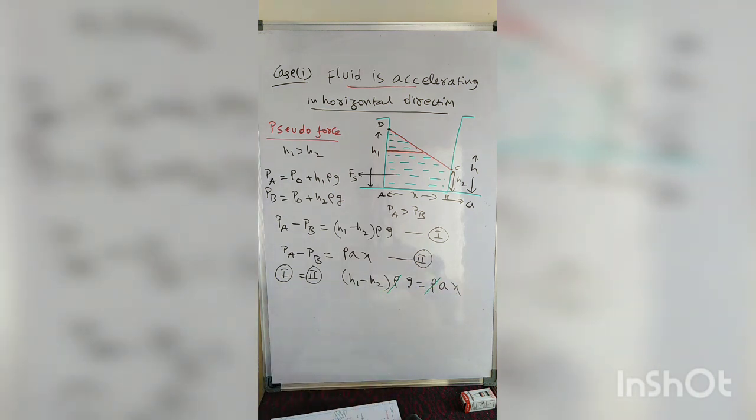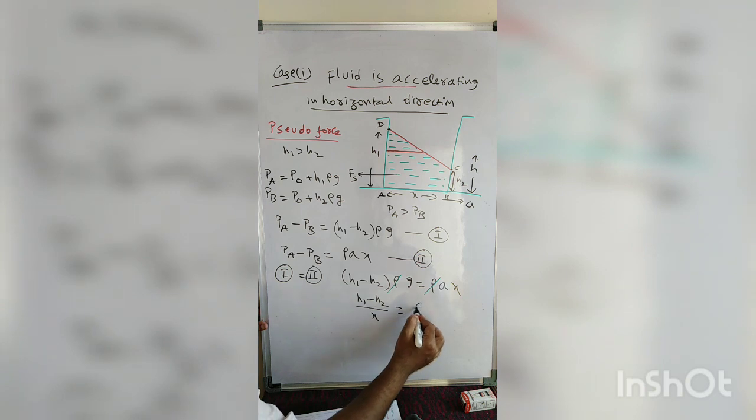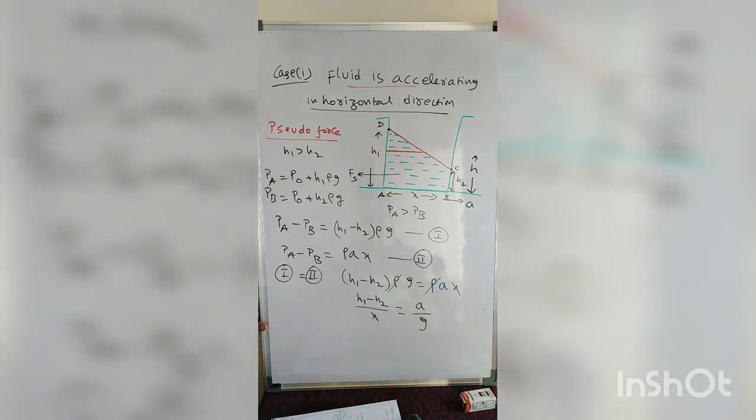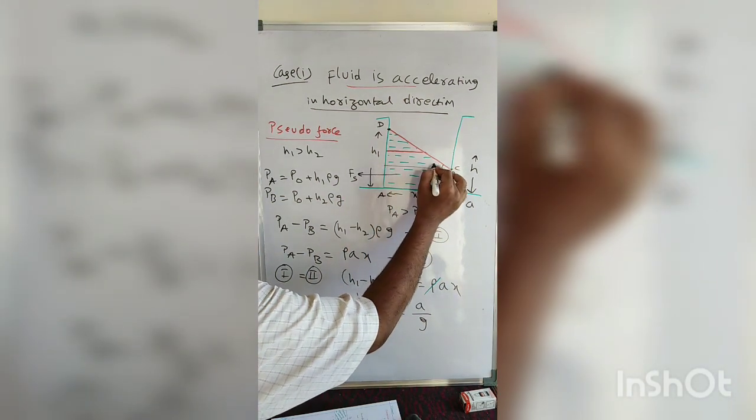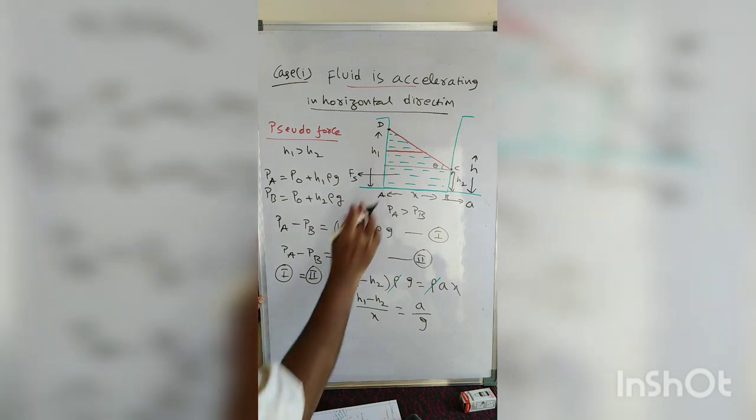Let us bring the x to this side. H1 minus H2 by X equals A by G. Suppose the surface makes an angle theta here.